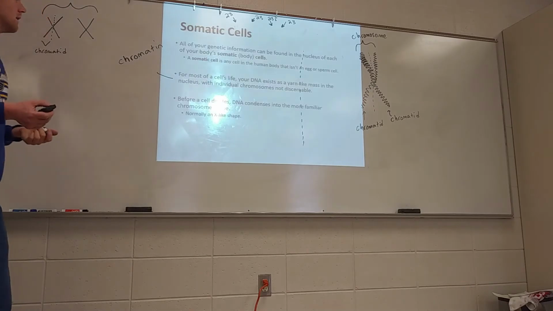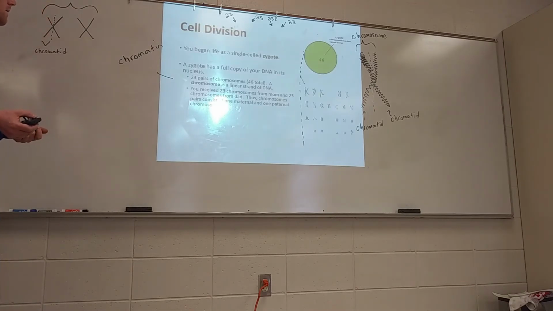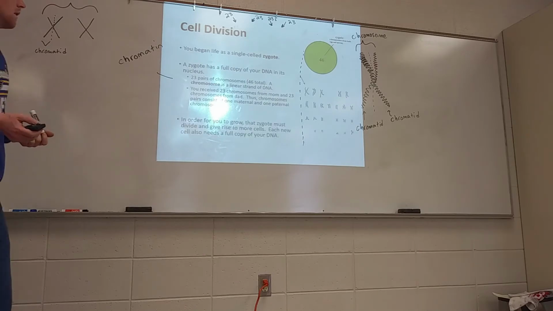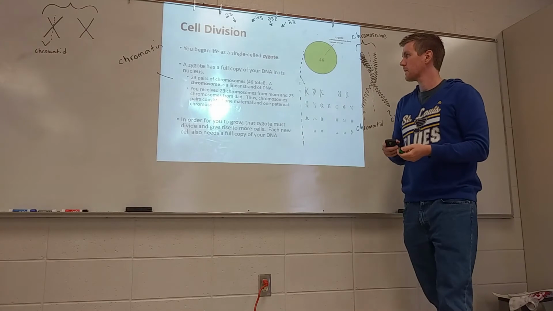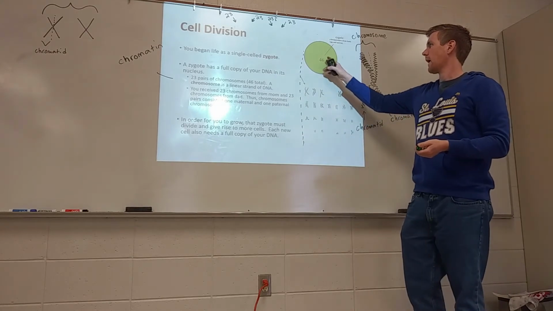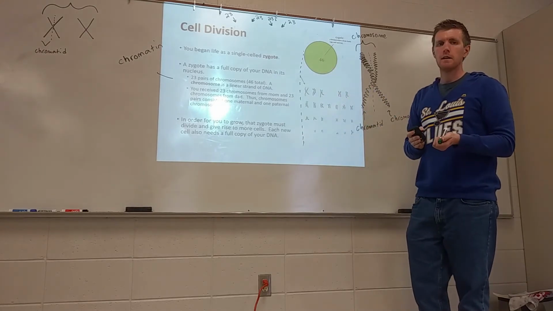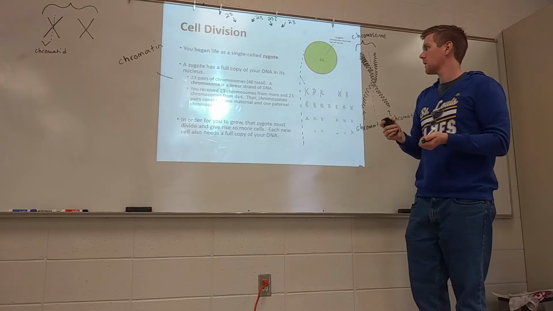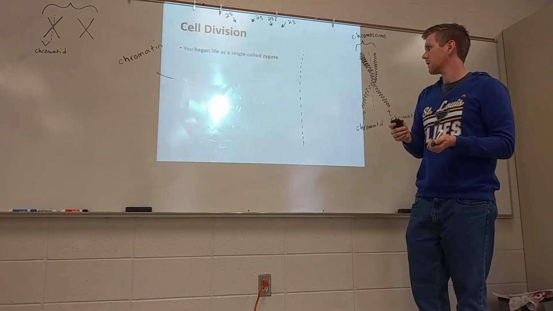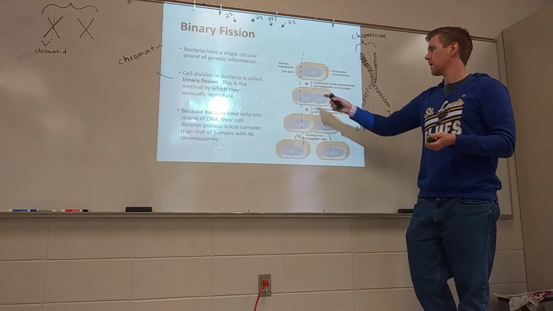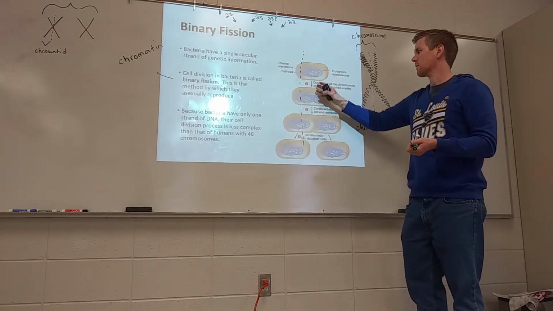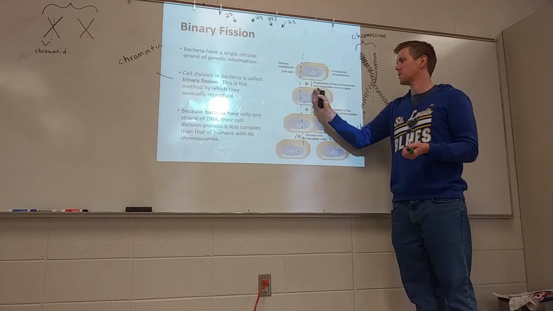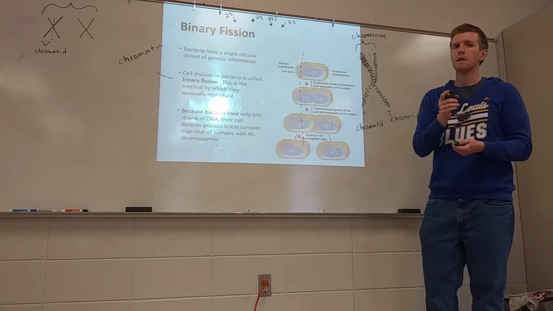If you go back, let's go way back. You started off as a single-celled zygote. This zygote has to duplicate. Actually, let's go back even farther. The bacterial cell has to duplicate the genetic information before it can split, so each new cell has all of the genes.